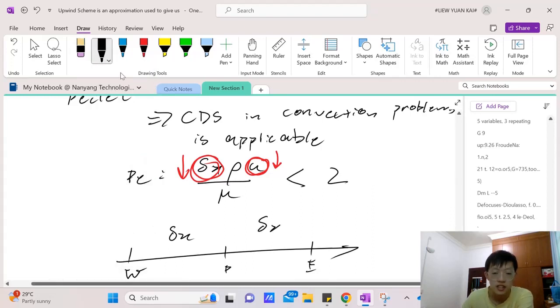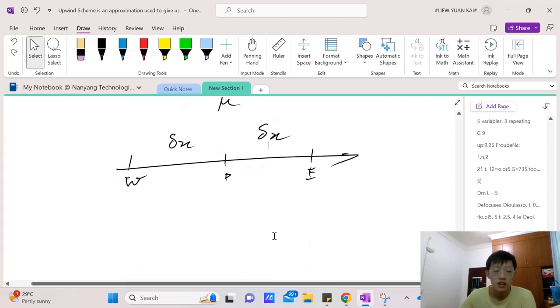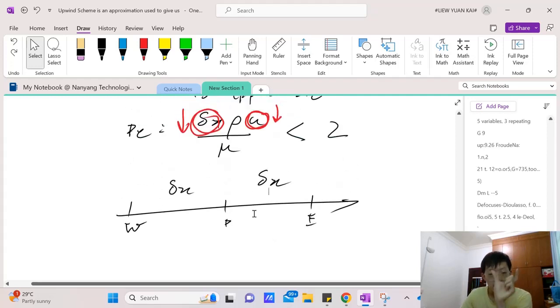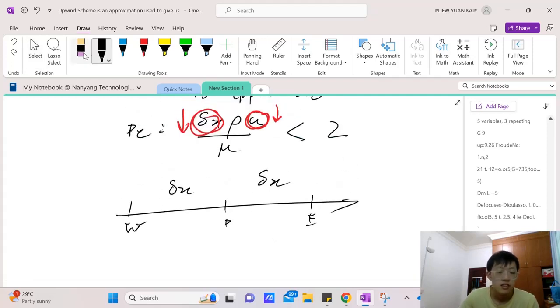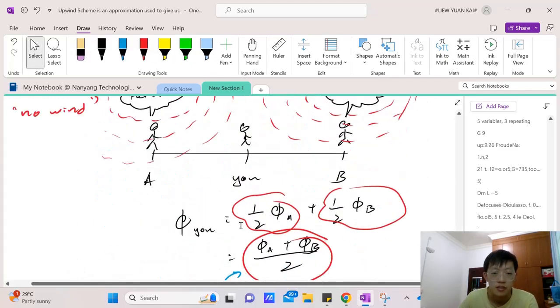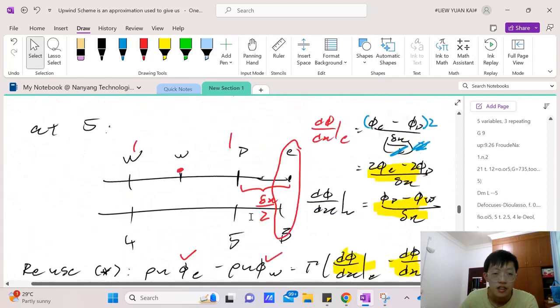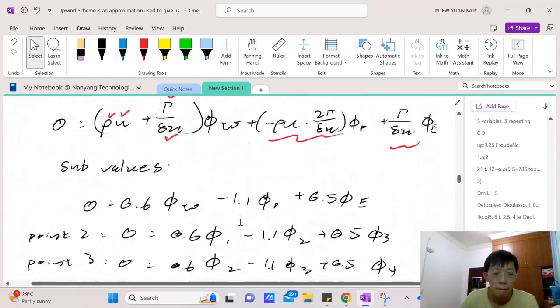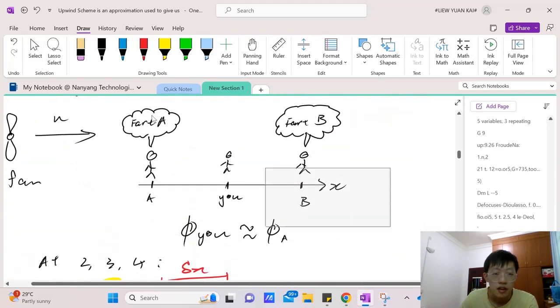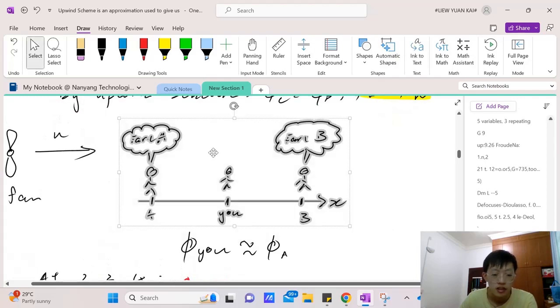This size here is delta x. As delta x reduces, let me use a fart analogy again.